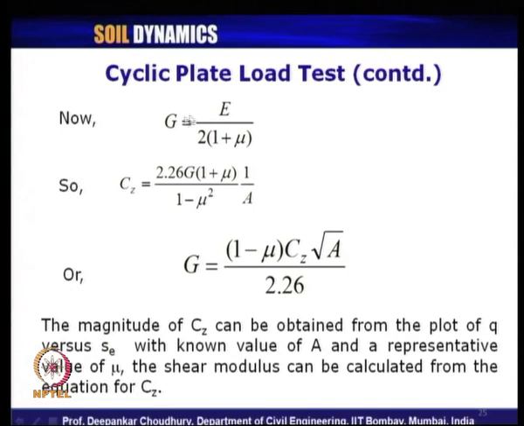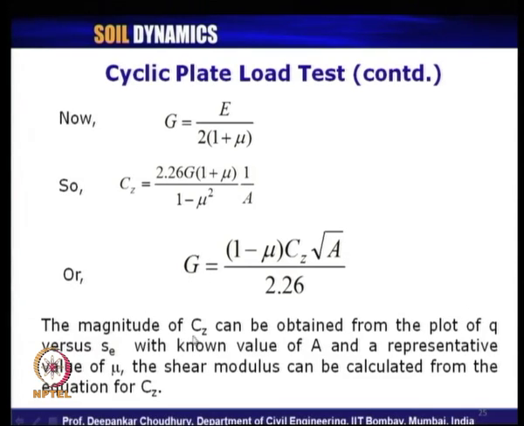This is the relation between G and E, as we know from the basics of Lame's constants. This is the relation between shear modulus and Young's modulus that we can use in this expression of Cz, which on simplification will give us the expression to compute the value of G.